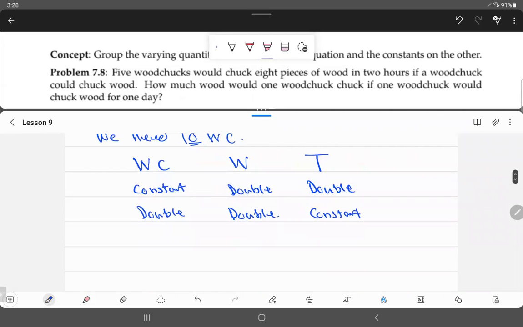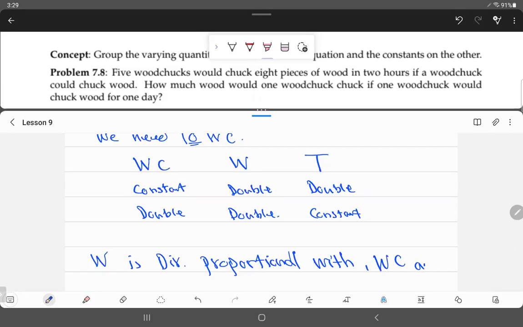Do you agree? Yes. Okay, so W, the wood pieces, is directly proportional with WC and T. Do you agree?